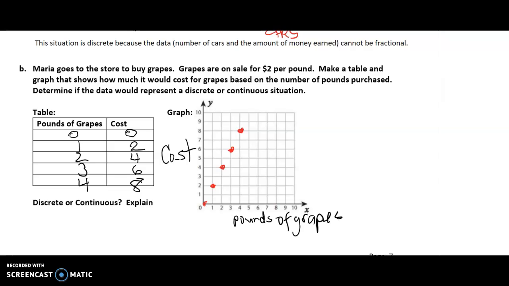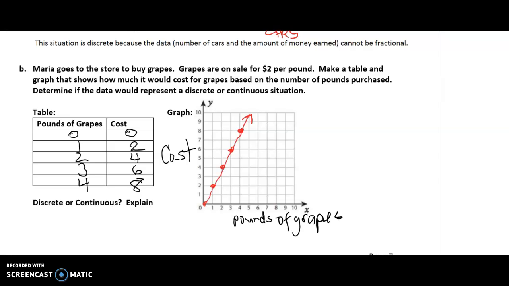And that would also make our cost fractional or in decimals, depending on whether the pounds of grapes is in fractions or decimals. So because the weight of the grapes is measurable, and fractions and decimals may occur, even though they're not in our table, this would need to be a continuous situation. Therefore, our graph points need to be connected.